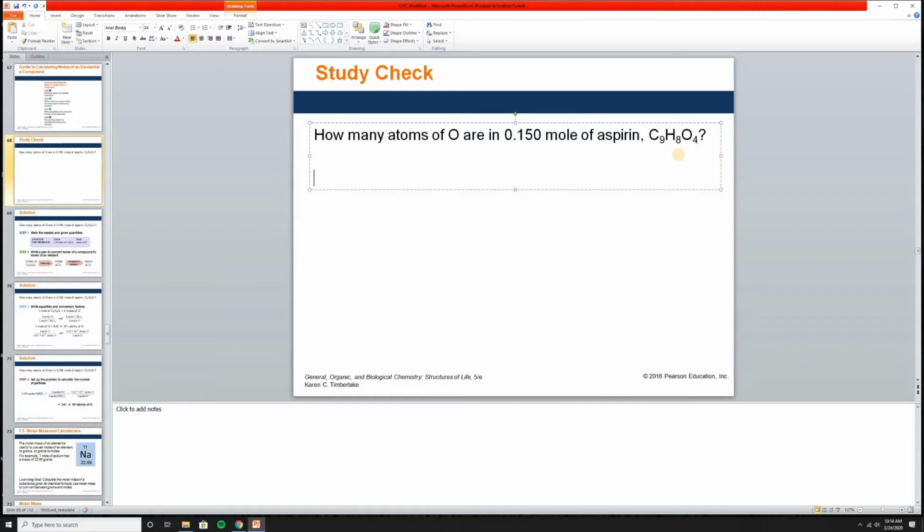We know that in 1 mole of aspirin there are 4 moles of oxygen, and we also know that 6.022 times 10 to the 23rd atoms of oxygen are in 1 mole of oxygen.